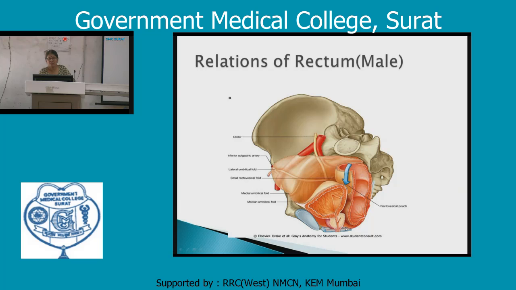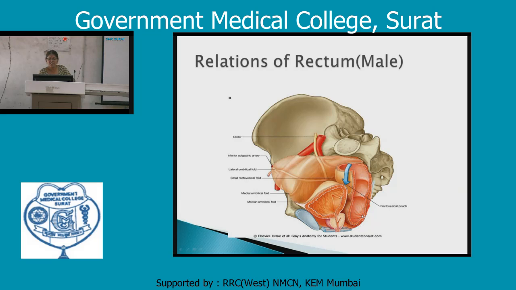You can see the prostate gland is related to the lower part of rectum, and the anorectal junction is almost at the level of the apex of the prostate gland. Here is the apex of prostate gland, the rectum ends here and the anal canal starts here.